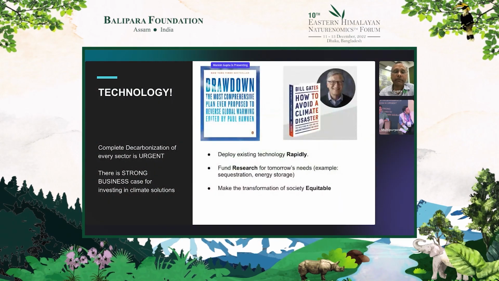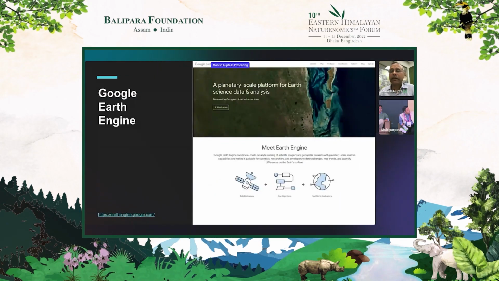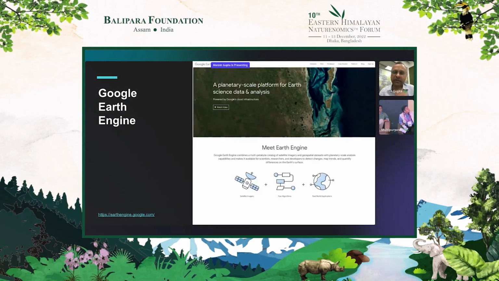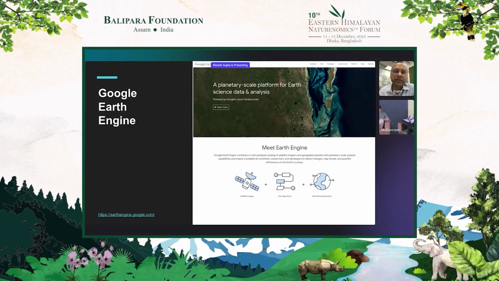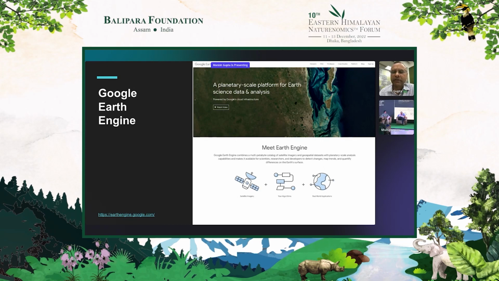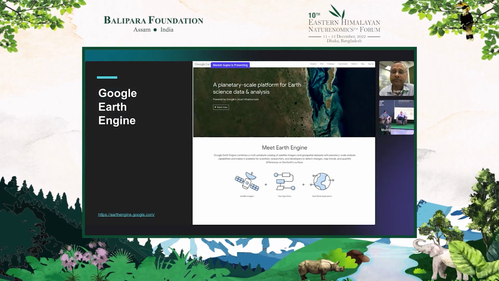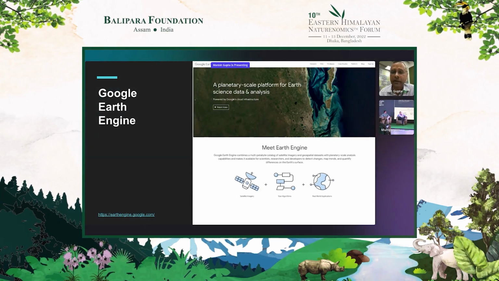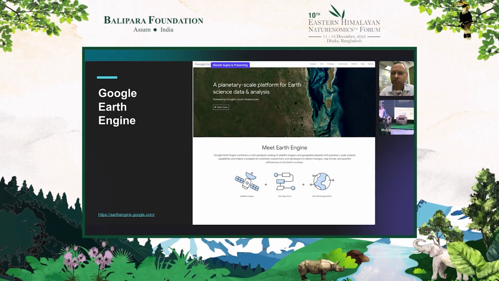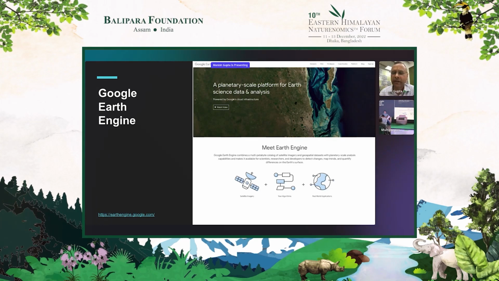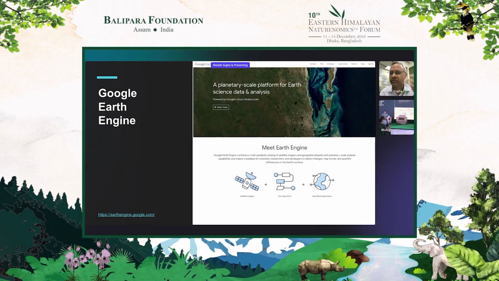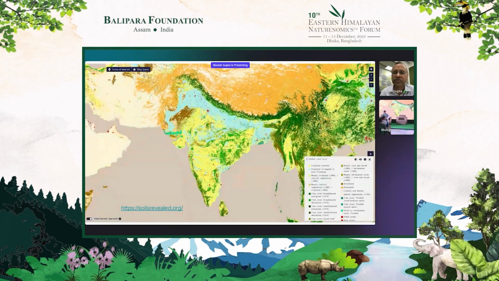Technology will have to play a very key role, and one of the areas in which we are investing a lot of our efforts is in satellite imagery analysis. So starting with products like Google Earth Engine, which has been applied to do a lot of analysis, things like land use, land cover classification, in the process identifying things like water bodies, forests, and so on, and how things are changing over time.